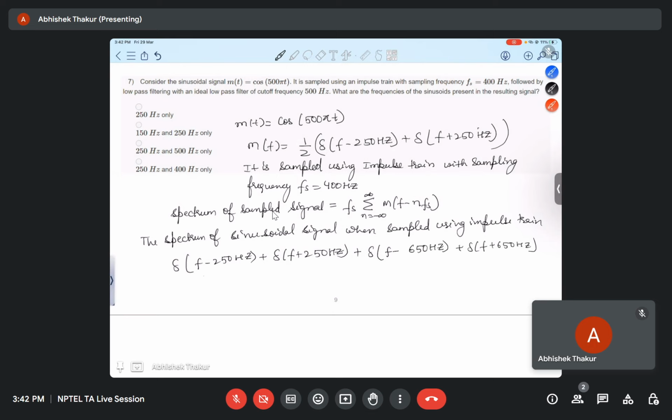Now delta(f minus 150 Hertz) plus delta(f plus 1050 Hertz) plus delta(f plus 550 Hertz) plus delta(f minus 1050 Hertz) plus delta(f minus 550 Hertz), and so on. These frequency components will be present.